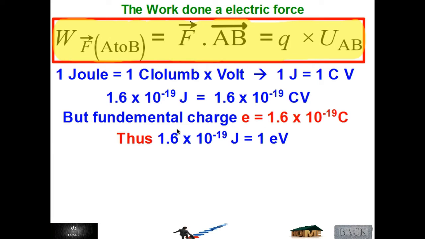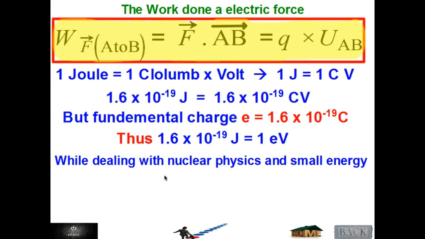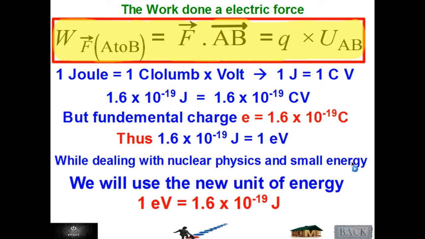So we will get 1.6 times 10 to the power minus 19 joules equals 1 electron volt. And this electron volt is the new unit for energy. While dealing with nuclear physics and small energies, we will use this unit. 1 electron volt equals 1.6 times 10 to the power minus 19 joules. Of course, it will be given in the problems.